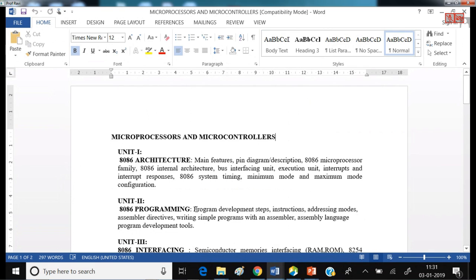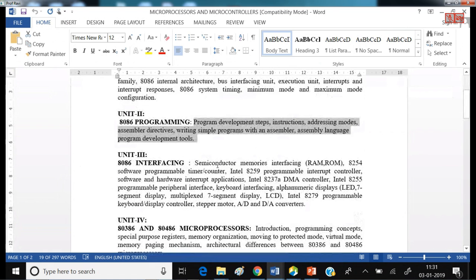And coming to the programming point, we have seen the instructions and addressing modes. In the next class, I will give you clear-cut details about how you can write programs, by taking 3 to 4 programs. So now we started with interfacing, 8086 interfacing. Now we'll go ahead with this particular topic.